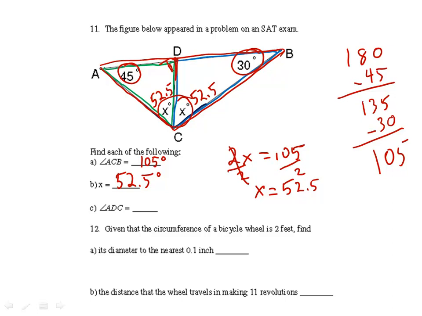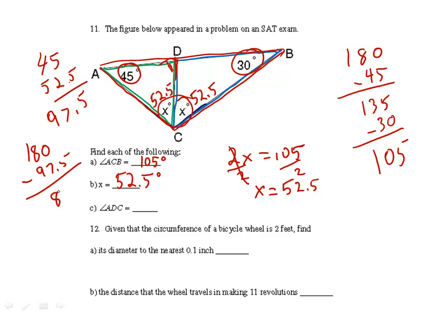I see I've got a 45 and a 52.5. The two that I know add up to 97.5, so then we just subtract that from 180, and you get 82.5 degrees.